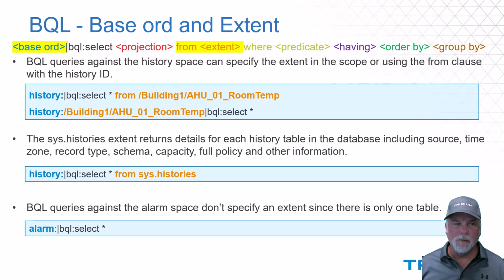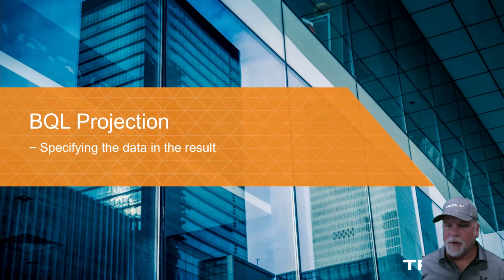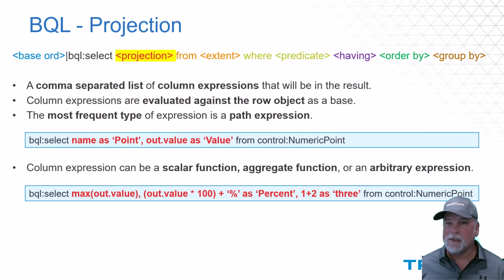All right. So now we want to get into talking a little bit about the projection, and that's how we specify the data that we want to see in our result. And this is the projection. This comes directly after the select keyword in the statement. And this will be a comma separated list of column expressions that we want to see in the result.